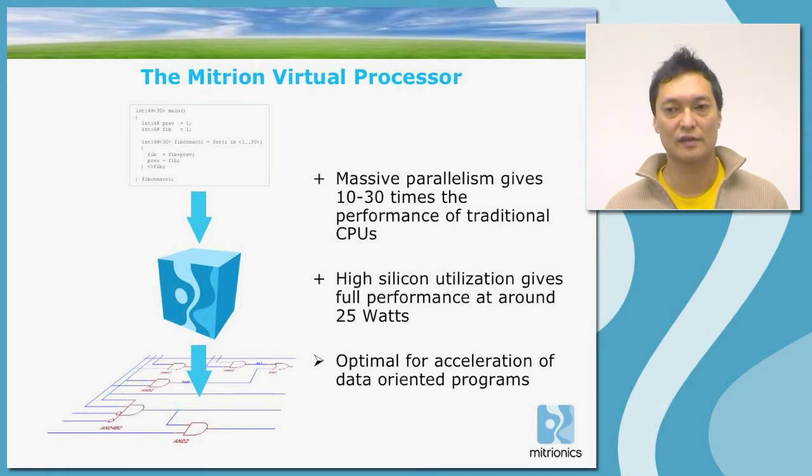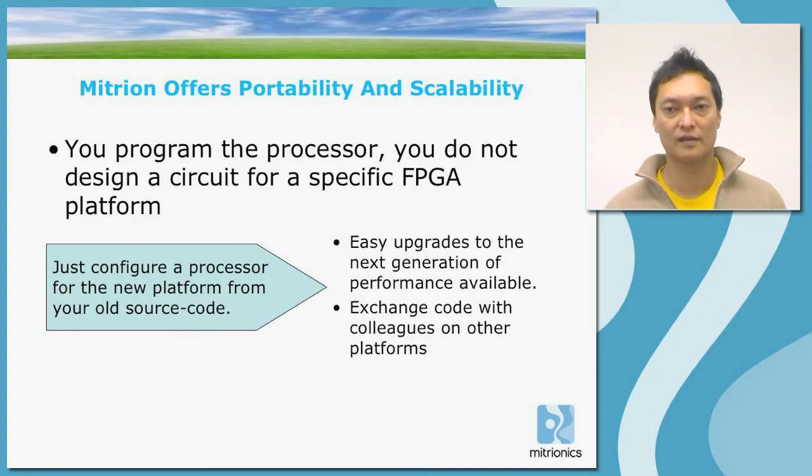The most efficiency is gained from the Mitrion processor when accelerating data-oriented programs rather than control flow-oriented programs. In contrast to hardware design, the Mitrion processor offers portability and scalability. Because you write your program for the processor, you're not designing a circuit for a specific FPGA platform.